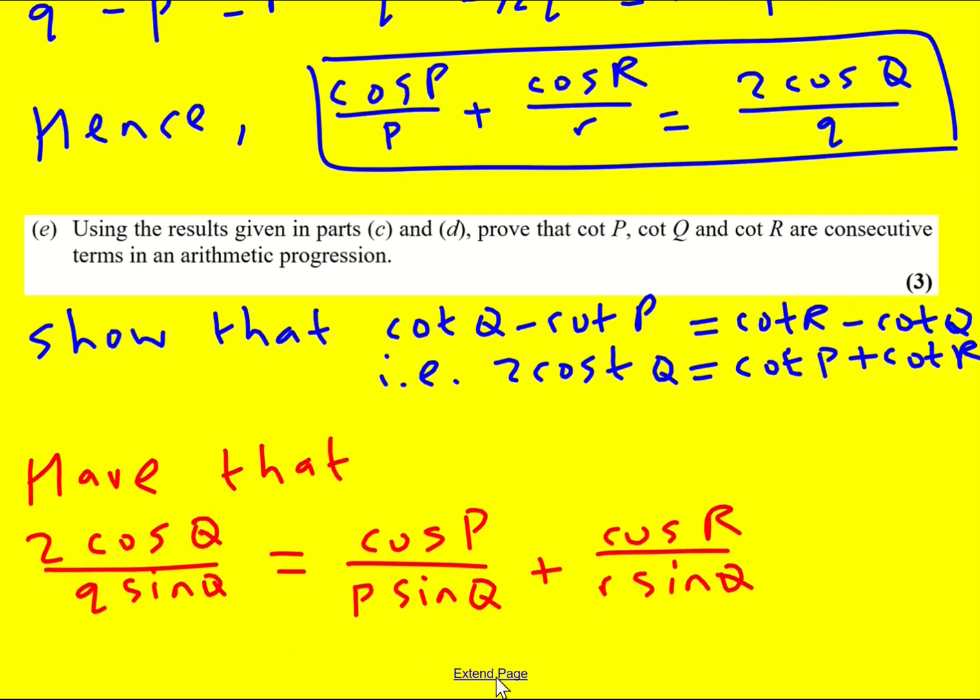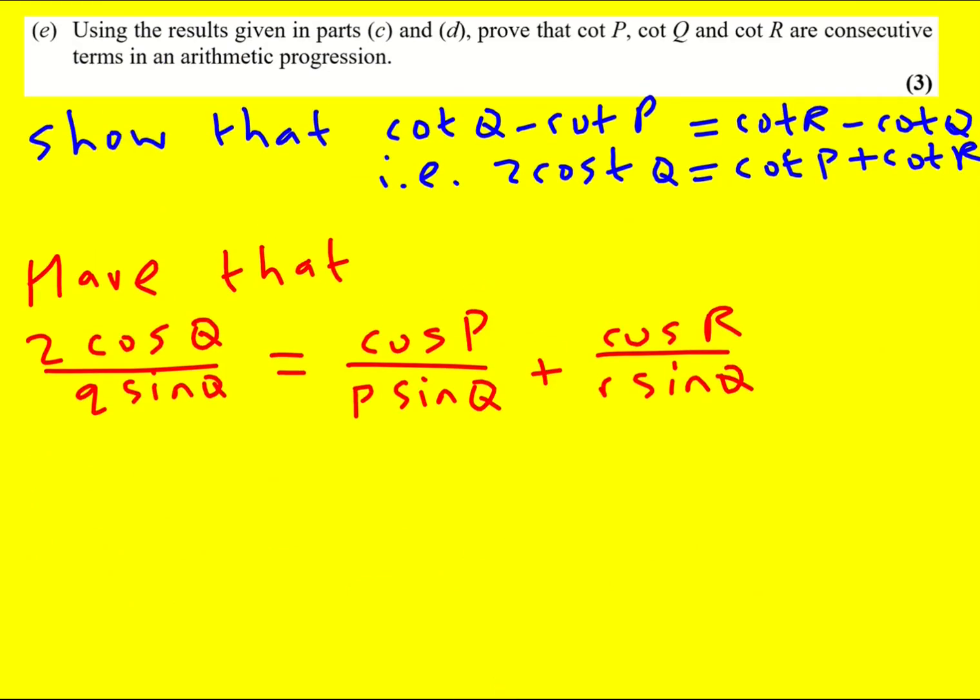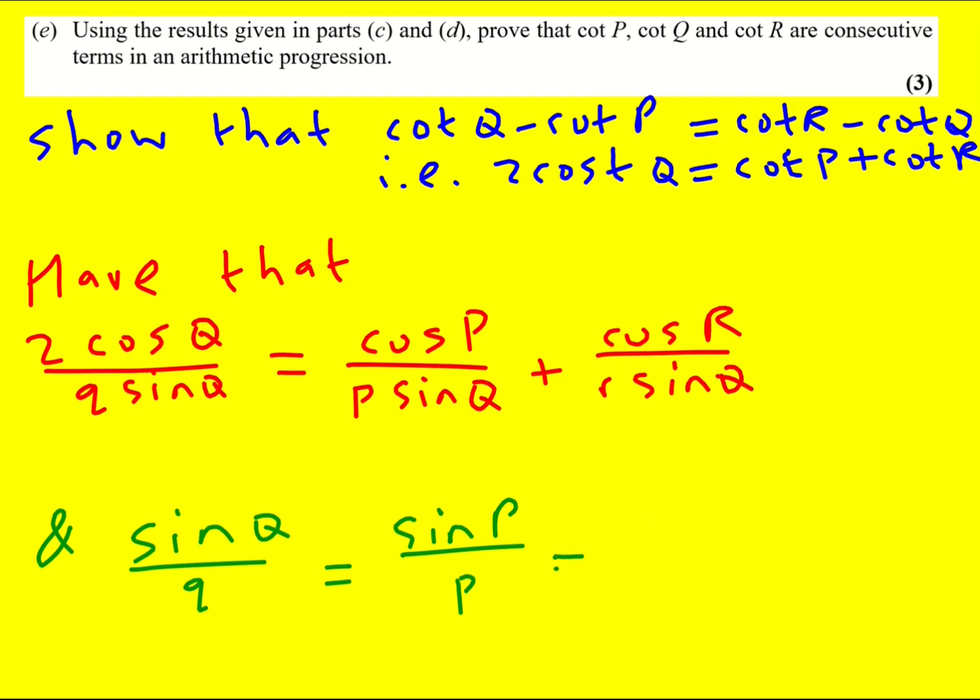Now we have the sine rule, remember, and it was that, what was it? It was sine Q over q. I'm writing it now with sine on the top instead of on the bottom. Is sine P over p, which is sine R over r.